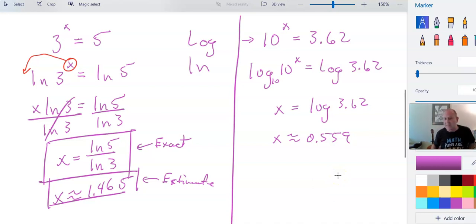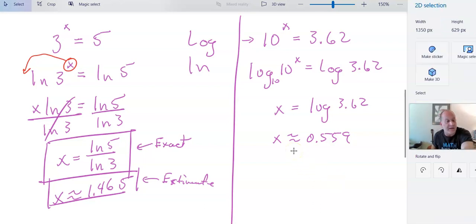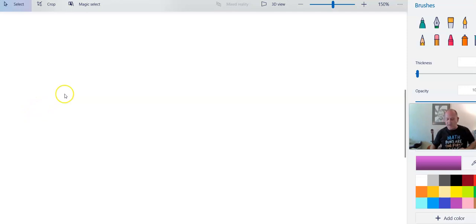And we're going to take this and go a little bit farther with it. So these will be 2 for you guys to solve, and then we'll get to some of the fun ones.